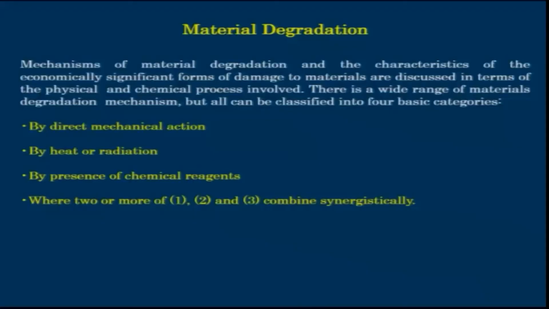Radiation does lead to a loss of material properties. We will come to that. It can lead to void formation in materials. By presence of chemical reagents: yes, there are chemical reactions, there are electrochemical reactions. Now, we would concentrate on electrochemical reactions, not chemical reactions.